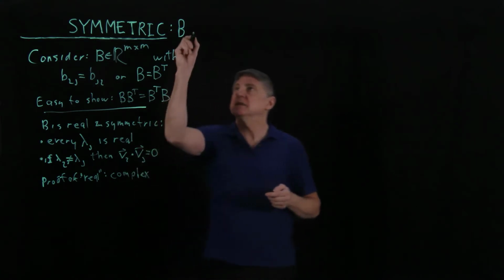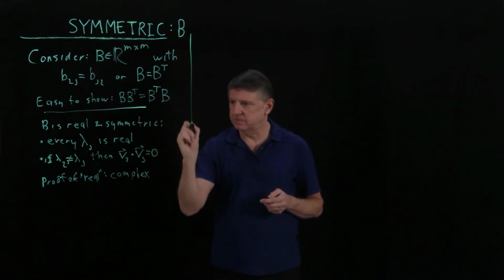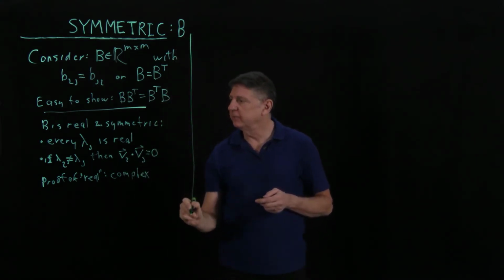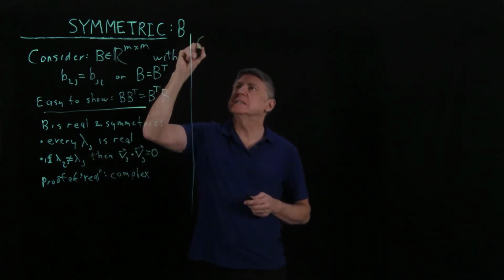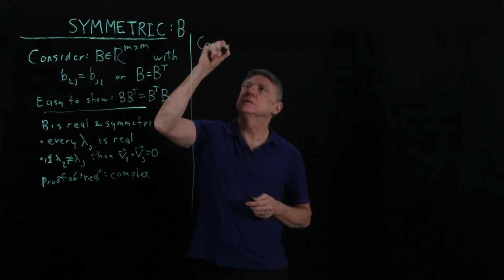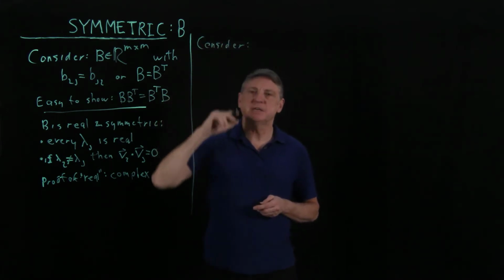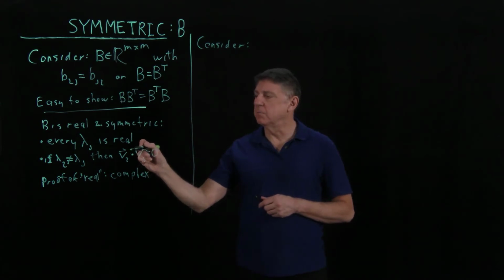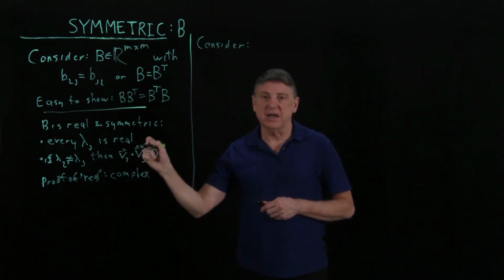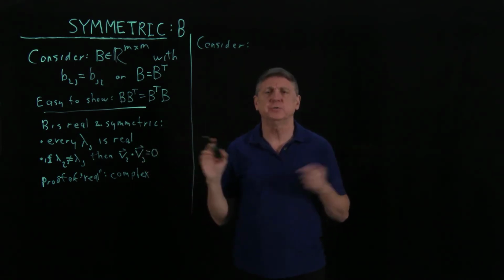So let's try that ourselves. Let's see if we can get this conclusion, right? So let's consider, so I can write, one way to write a multiple of eigenvector i, or let's use 1 and 2.